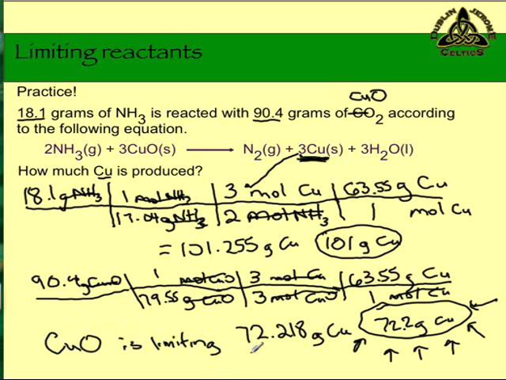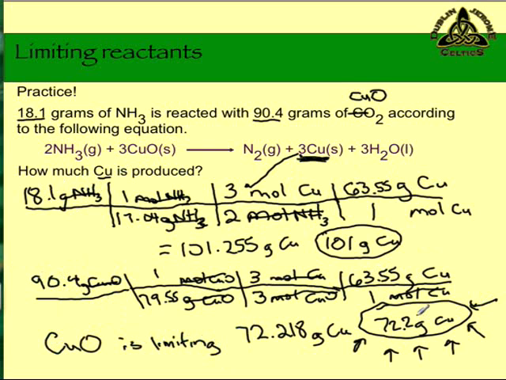On the practice problems in your packet, you're going to be asked to determine the limiting reactant. It'll say which reactant is limiting if you're given such and such starting amount of reactant A and such starting amount of reactant B. Basically, what we did here is go through two whole dimensional analysis setups to convert the grams of each starting material to grams of the product that you're trying to find.